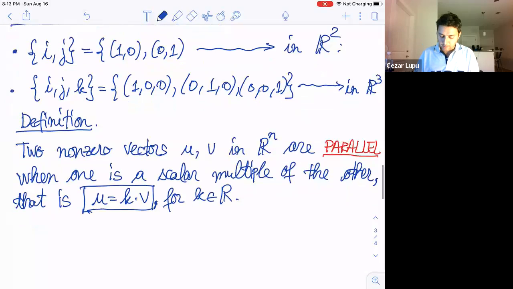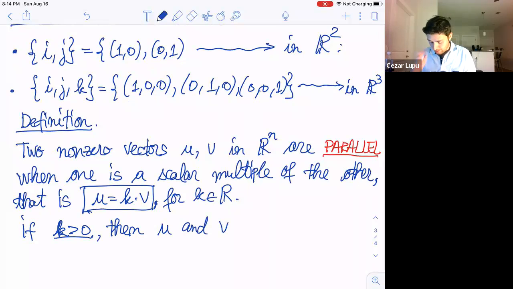Now, if this constant k is positive, then the two vectors u and v have the same direction.